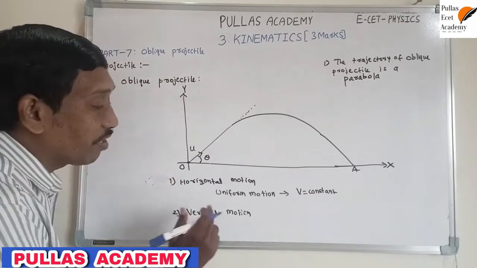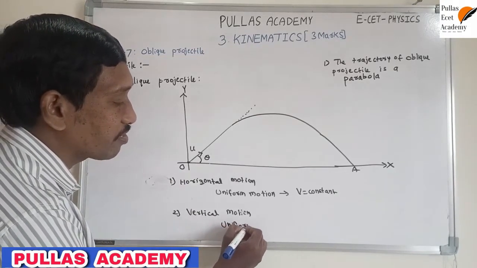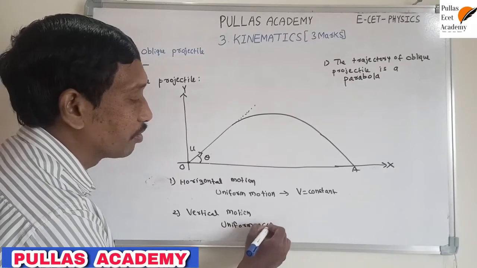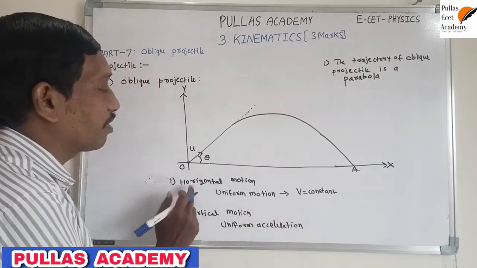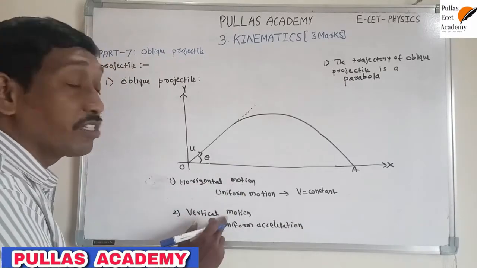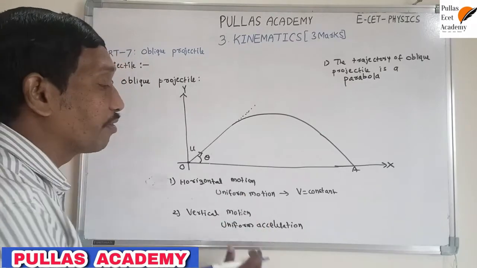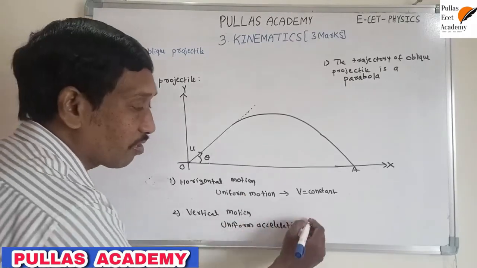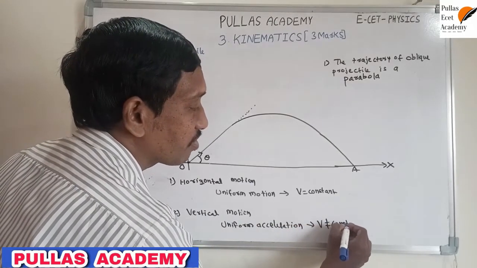In the same way, in the vertical direction its motion is called uniform acceleration. That's the difference between these two. Along the vertical direction its motion is considered as uniform acceleration. Uniform acceleration means velocity is not constant. Acceleration means velocity changes.